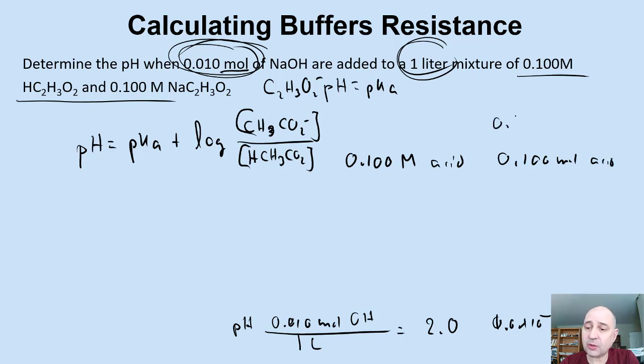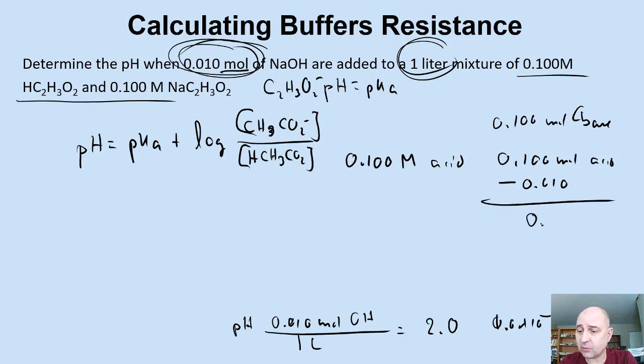And we have 0.100 moles of base. And that's the conjugate base, and that's important because all of the base is going to react. So you subtract 0.010 from the acid, you end up with 0.090 moles of acid.